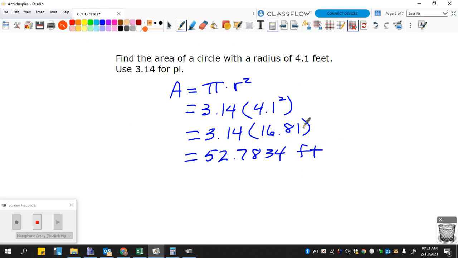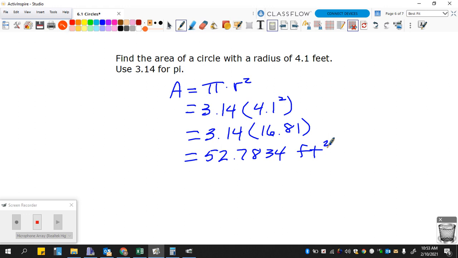Now remember here, this is feet squared, so this should be feet to the second power. In the classwork, if we have a longer number like this, I may get you to round it off, so just make sure you pay attention to what I want you to do in the classwork.